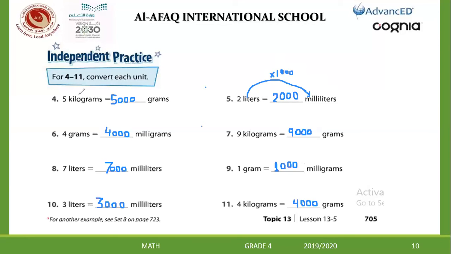Each kilogram has 1,000 grams. So to convert kilograms to grams, I also have to multiply by 1,000. Also, we took the relationship between gram and milligram, and we said each gram equals 1,000 milligram. So also to convert from grams to milligram, I have to multiply by 1,000.